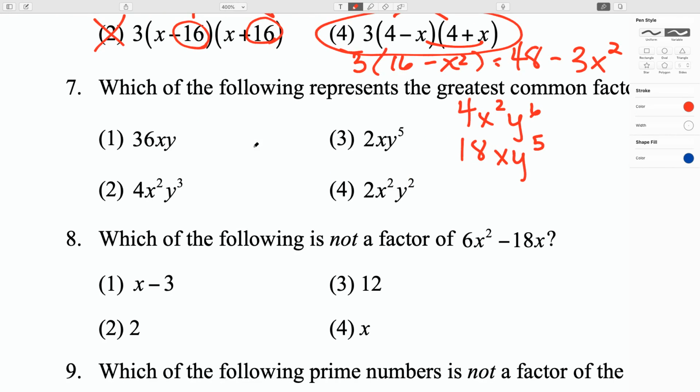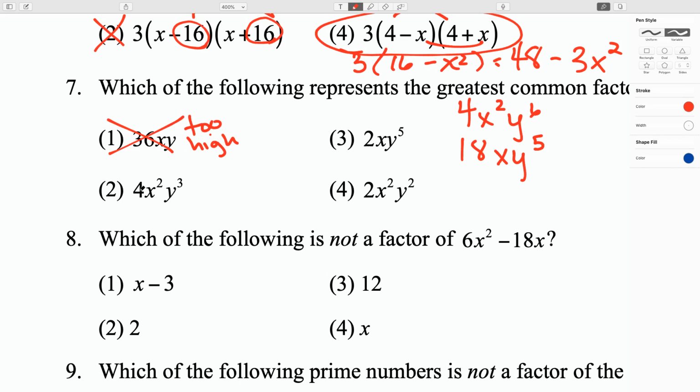So the greatest common factor, what's the greatest term that can go into both of these? What do you eliminate right away? Choice 1, too high. Where are they going with that 36? 36 can't go into 4, nor can it go into 18. You know they multiplied instead of divided.